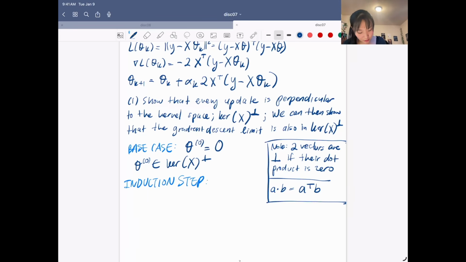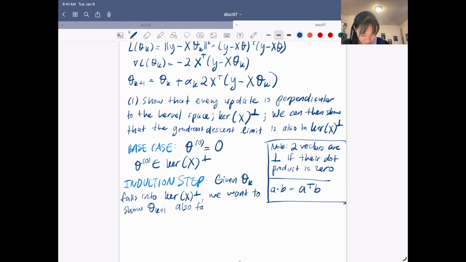Given theta k falls into the space perpendicular to the kernel space, we want to show theta k plus 1 also falls into the perpendicular kernel space.